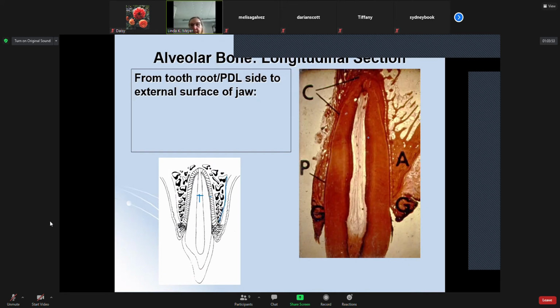If I actually look at a microscopic slide of a tooth, here's the root of the tooth, which I'm shading in blue, and there's your periodontal ligament. If I just follow that thin area of compact bone, that's the alveolar bone proper there.